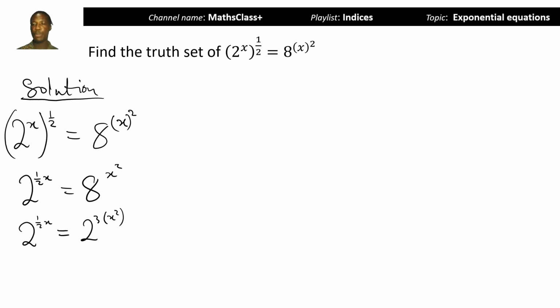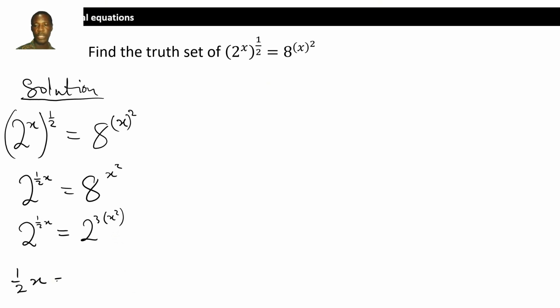And so looking at the exponent and the base, once the bases are the same and there is an equal to sign between them, we have 2 as the base, and there's an equal to sign, which means they can never be equal unless their exponents are also equal. So we can equate their exponents as half x is equal to 3x to the power 2. So this is what we have now.